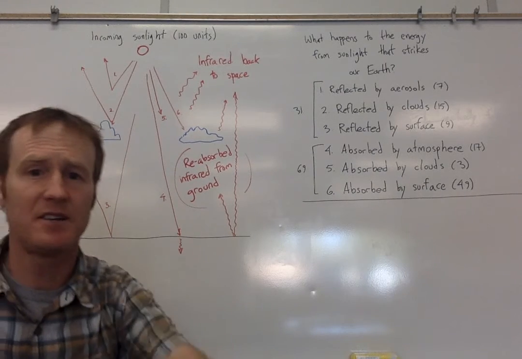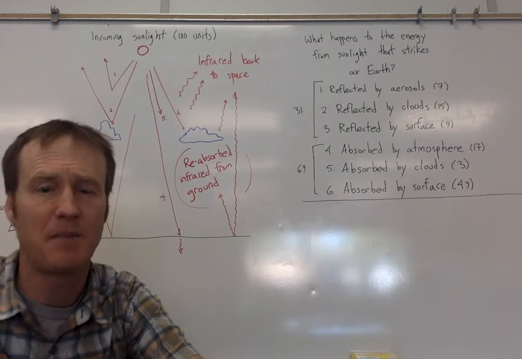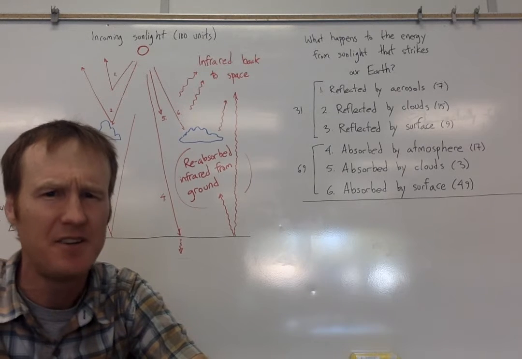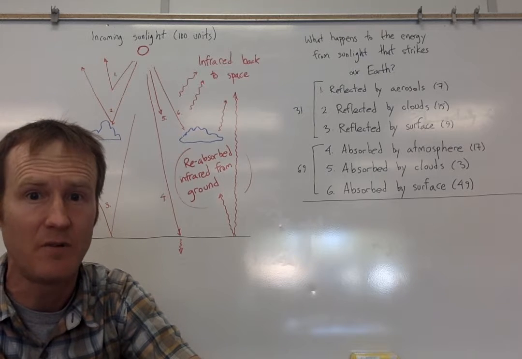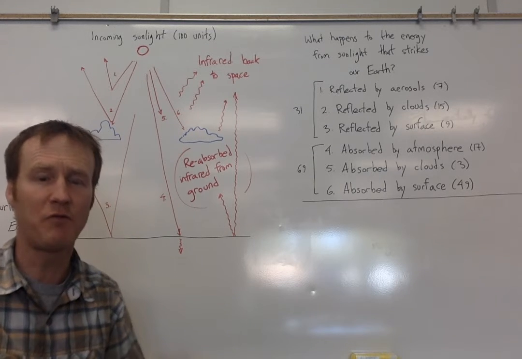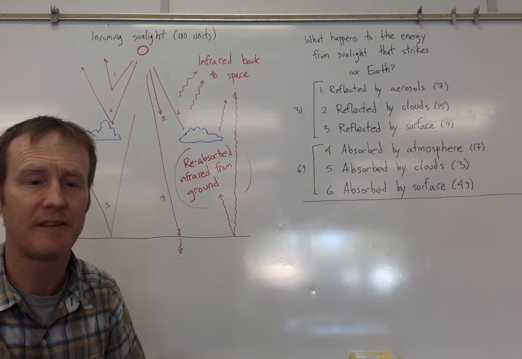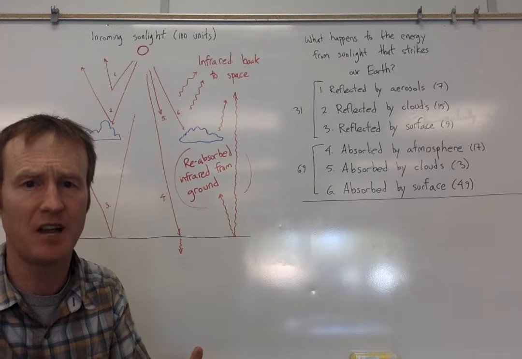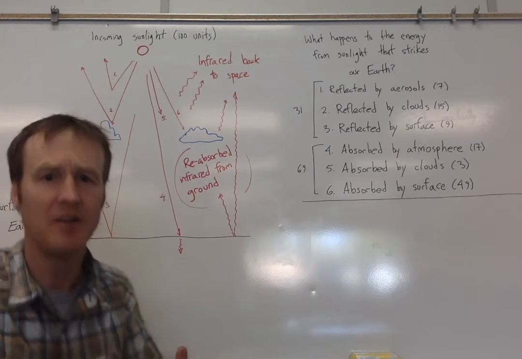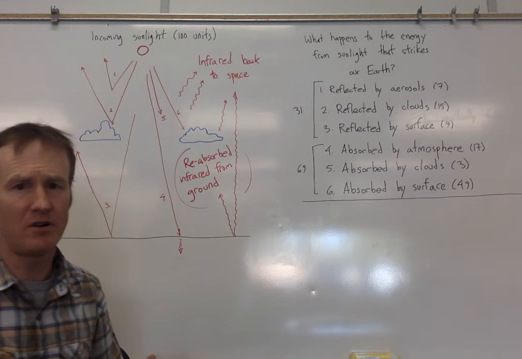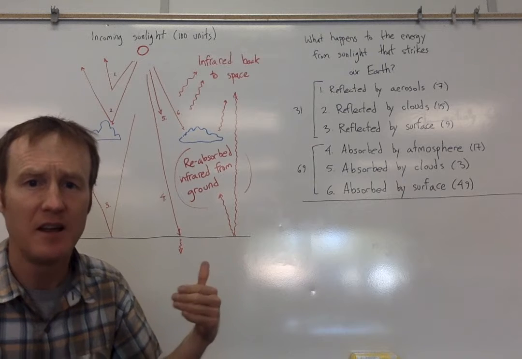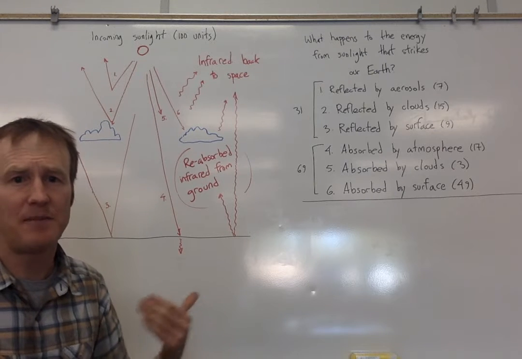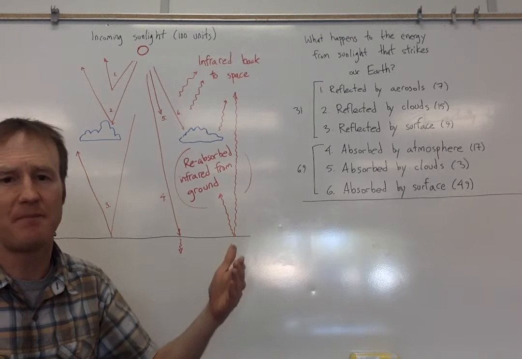First possibility is that it's reflected by what are called aerosols. These are very small particles that are in the atmosphere. Smoke is an aerosol. Smoke can reflect light back into space. Before it even reaches a cloud, before it reaches the ground, these particles of smoke or dust, small solid items that are high in the atmosphere, can reflect the sun's rays back.